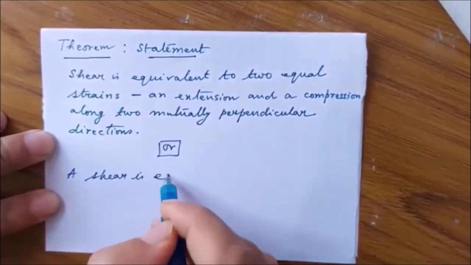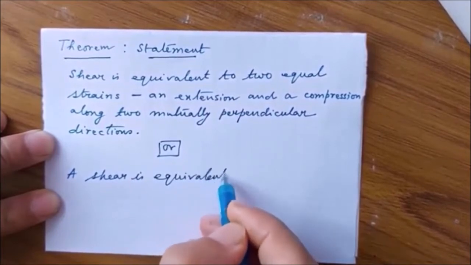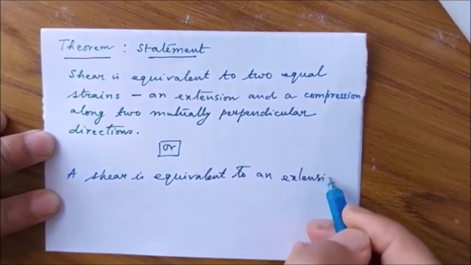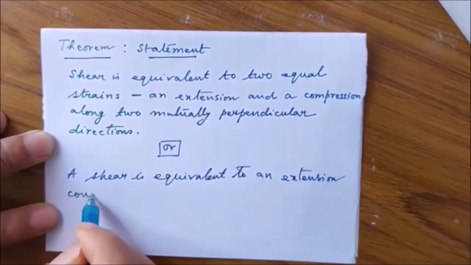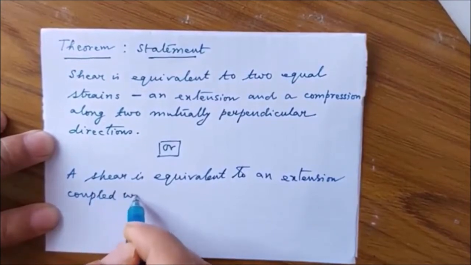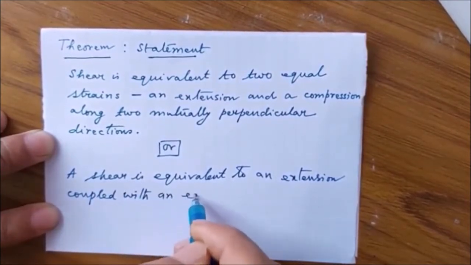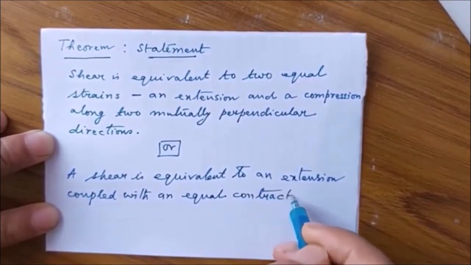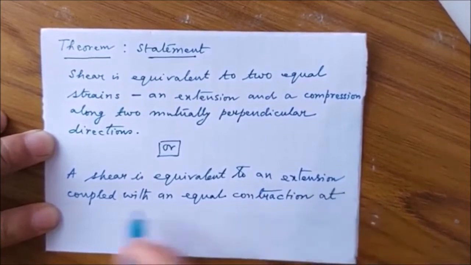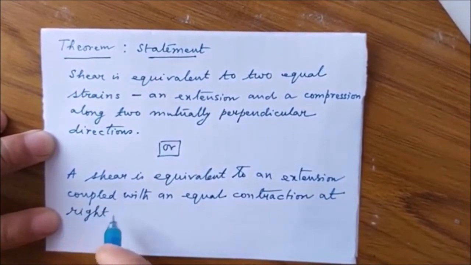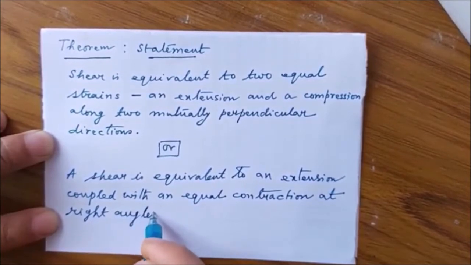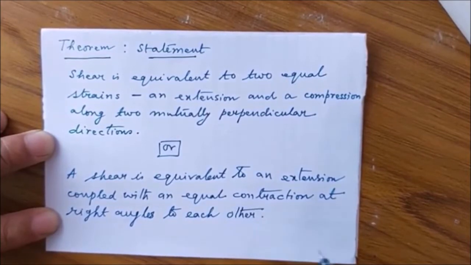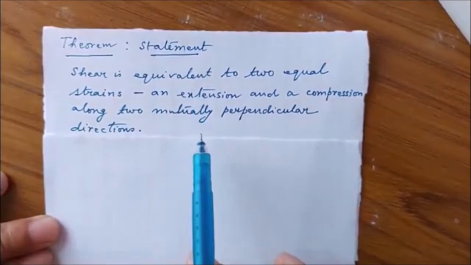A shear is equivalent to an extension coupled with an equal contraction at right angles to each other. We first explain this theorem and then we'll prove it.